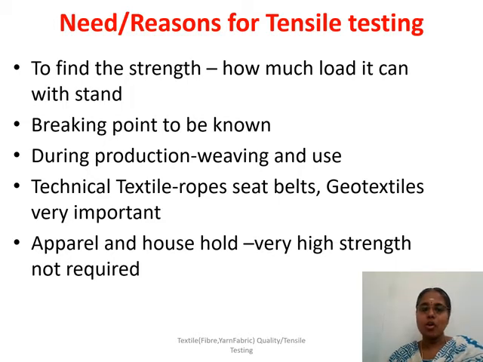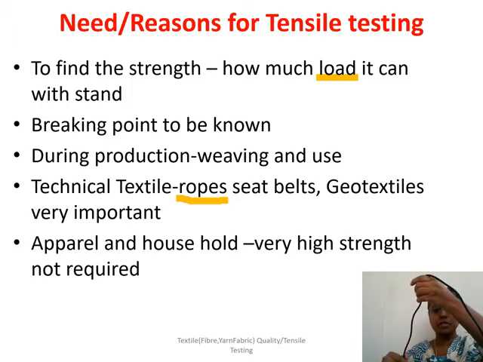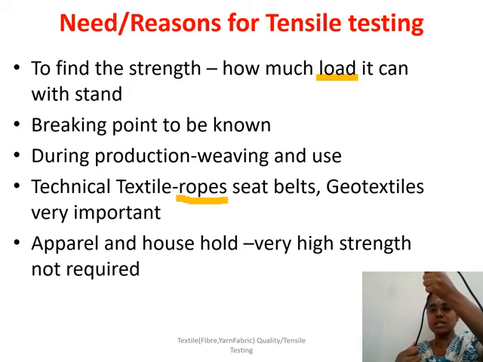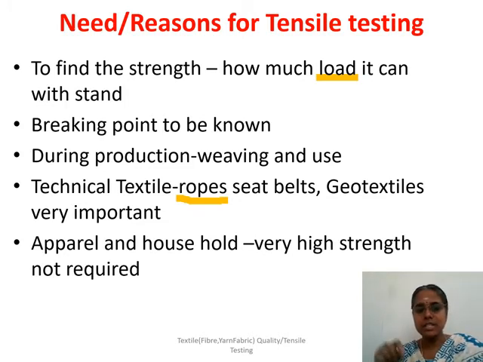To find how much load it can withstand, where it breaks. I have given here a rope. If you have a rope like this and you apply a force, where it will break, how much load this wire, this rope can withstand, that can be known by testing the material for its tensile properties.